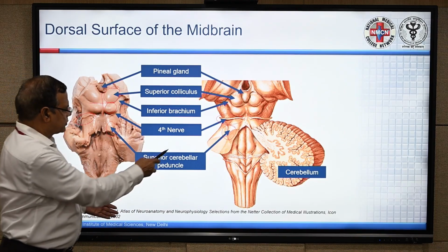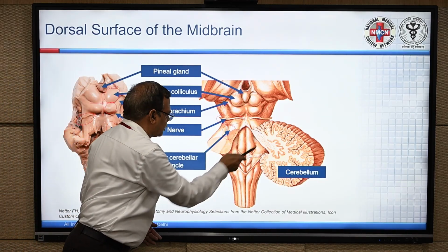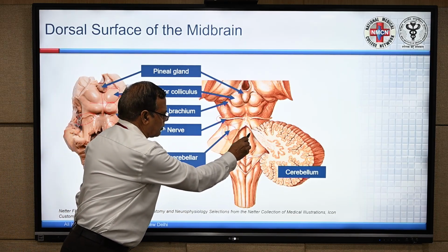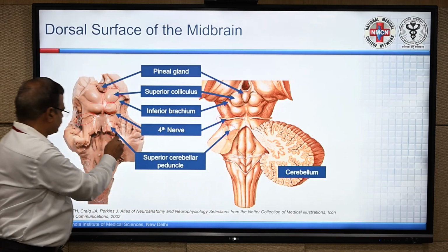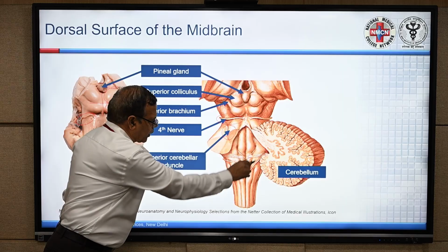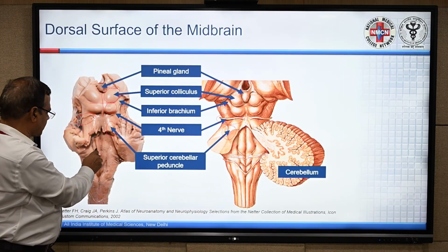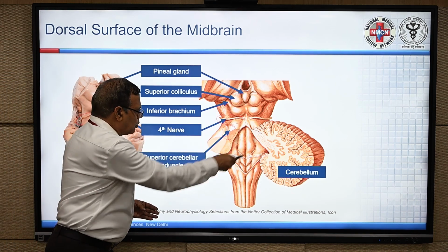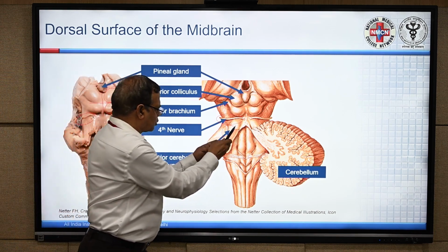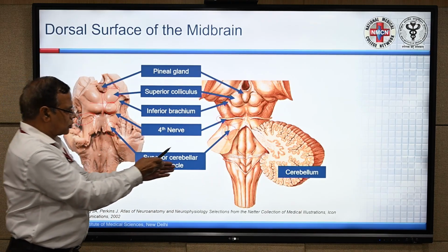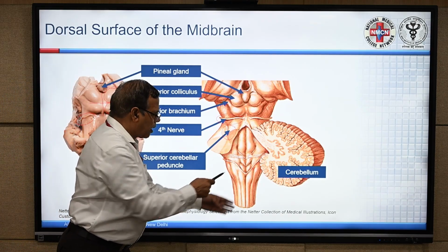Then what you see, the cerebellum has been removed to show the fourth ventricle. Here is the ventral surface of the cerebellum. You can see part of it. Then the open part of the fourth ventricle. This is the open part of the fourth ventricle. So what you see is the dorsal surface of the pons and dorsal surface of the medulla.